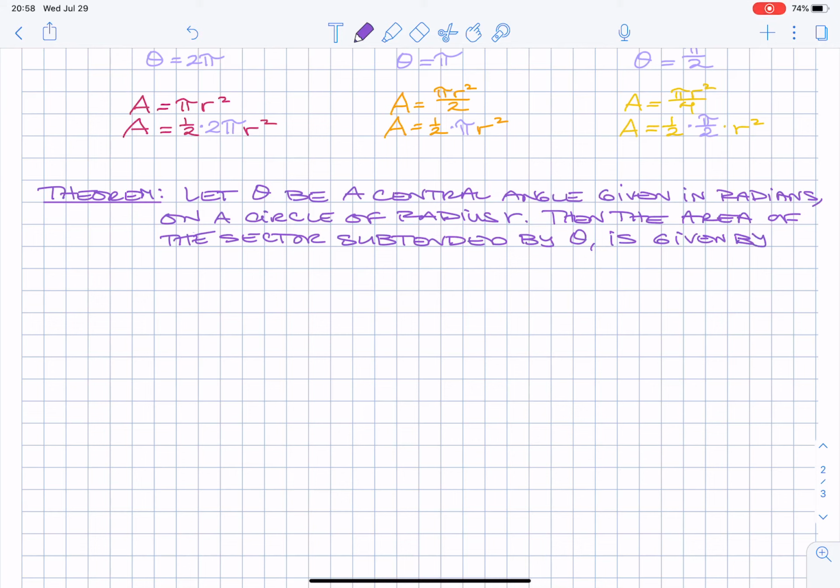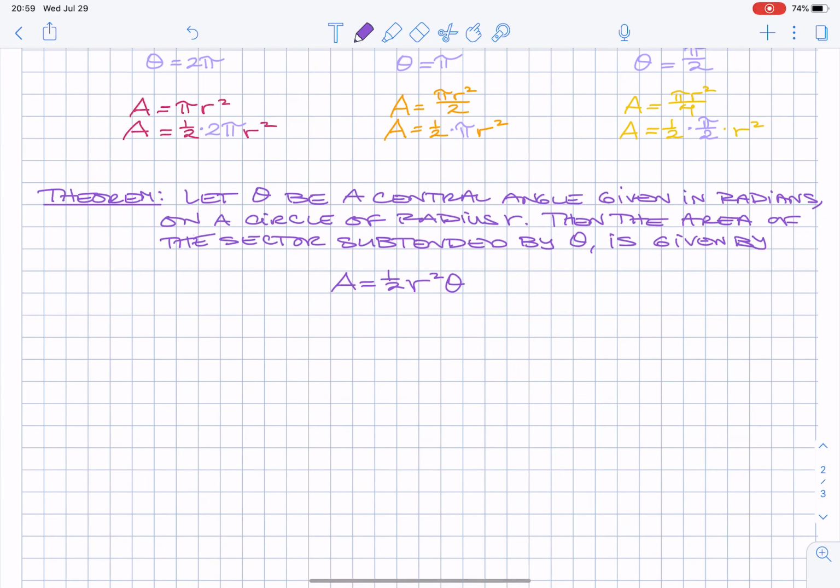well, in each of these cases I saw that area was 1/2 the angle theta times radius squared. Now usually we call it 1/2 r squared theta. It's the same thing, 1/2 r squared theta or 1/2 theta r squared. Doesn't really matter, but you'll see it in your book as 1/2 r squared theta.